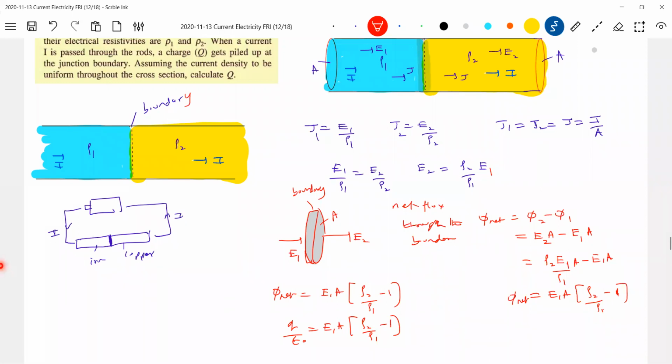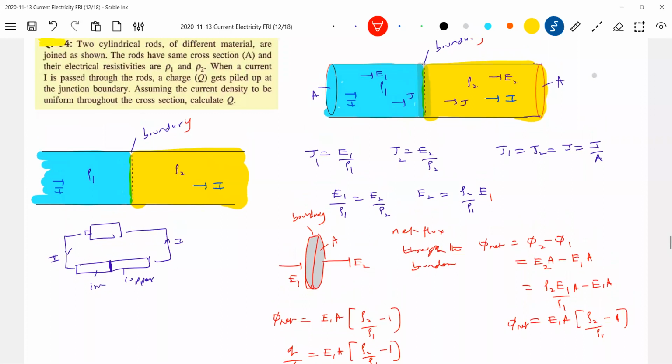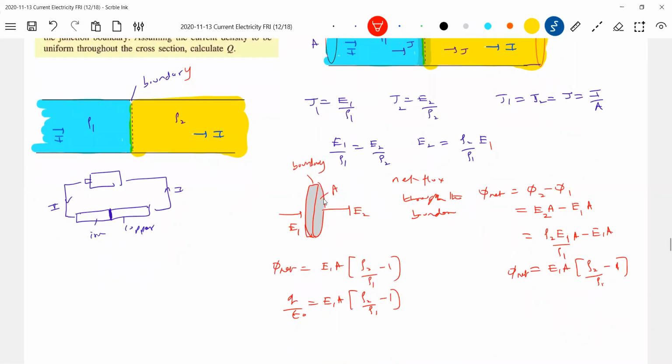Okay, I got this one. But E1 is what we assumed, no? What is given for us? Current I and rho 1. How to eliminate E1? Go back: what is J1? You can write I by A. So in place of E1A, what you can write is I rho 1.